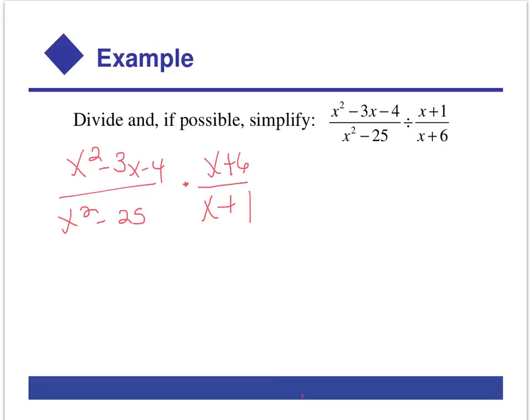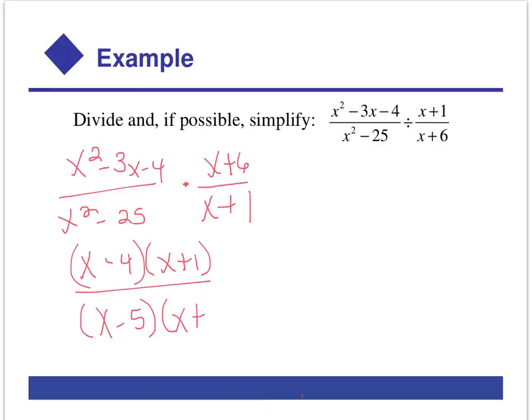So I'm going to factor for you. Yay, I know that makes you happy, right? So we're going to get x minus 4 times x plus 1 over x minus 5 times x plus 5 times x plus 6, x plus 1.